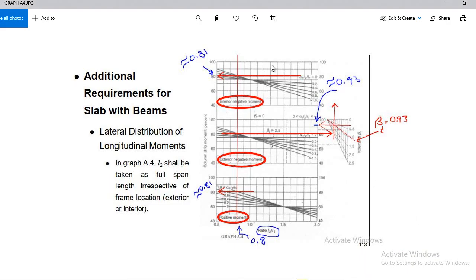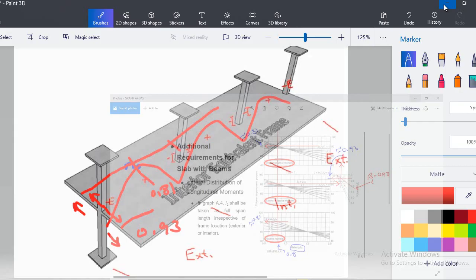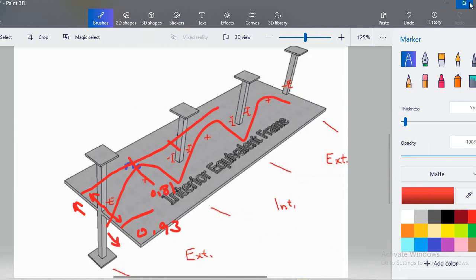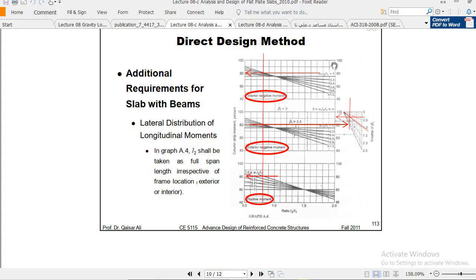Next, for this interior moment, we will follow the same procedure. Here we come to this chart, and we see that the line which is going in the upward direction touches that inclined line at that point, and we draw a horizontal line, and we pick the point, which is the same 0.81 as here. So this is how you find these coefficients. Clear?